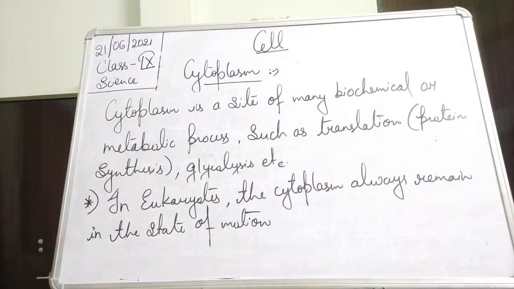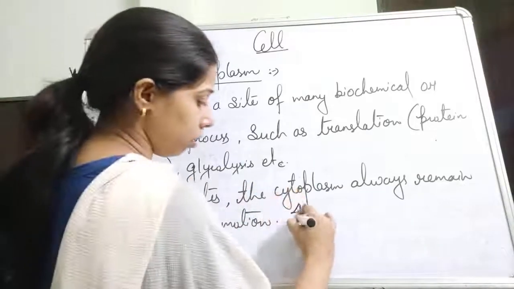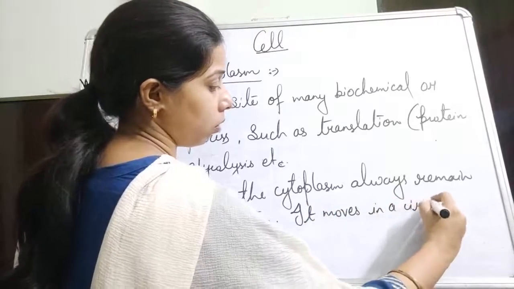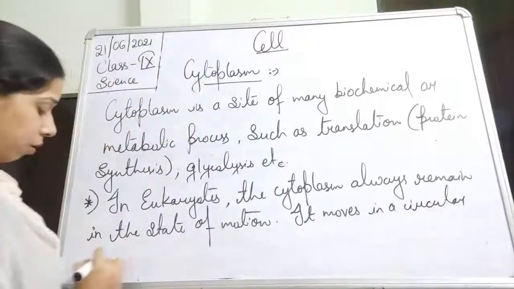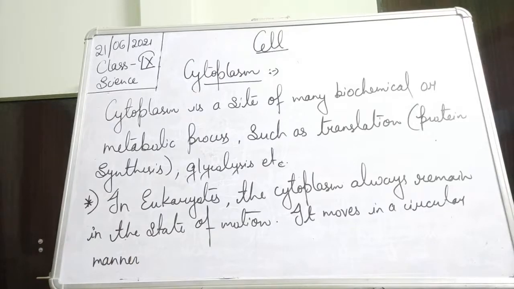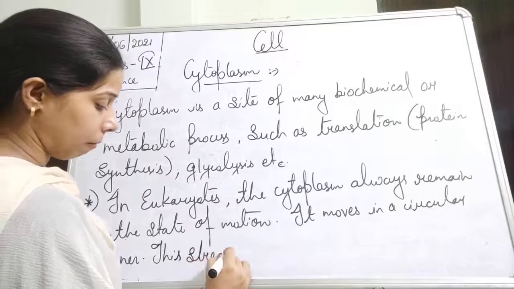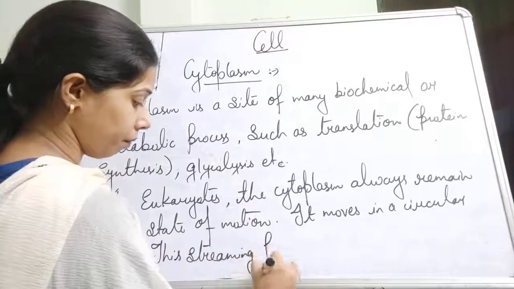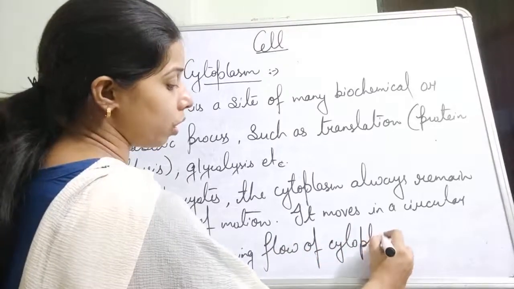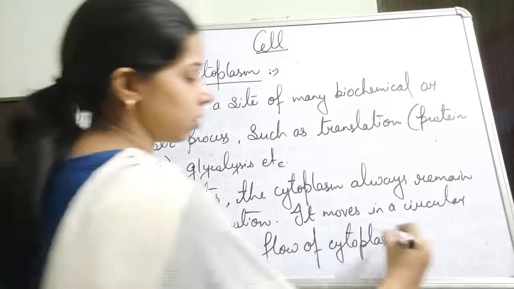Remain in the state of motion, and basically it moves in a circular manner. This streaming flow of cytoplasm is called cyclosis.